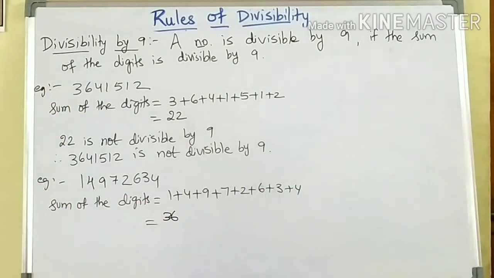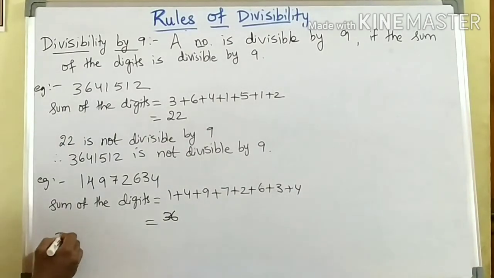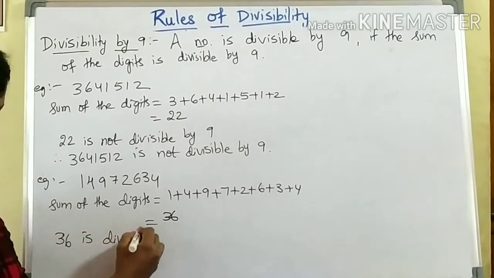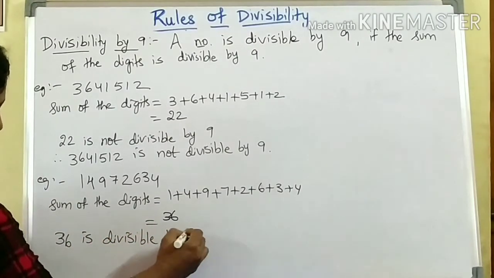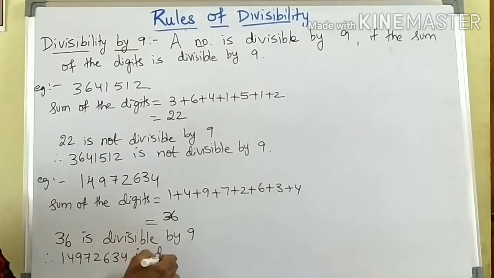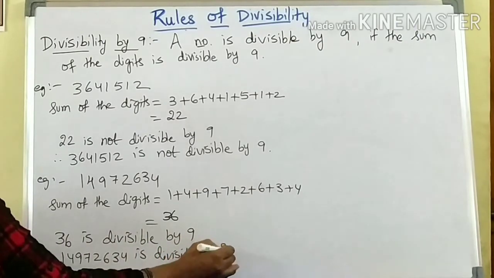Is 36 divisible by 9? Yes. 9 4s are 36. So 36 is divisible by 9. Therefore, I can say 1, 4, 9, 7, 2, 6, 3, 4 is divisible by 9.